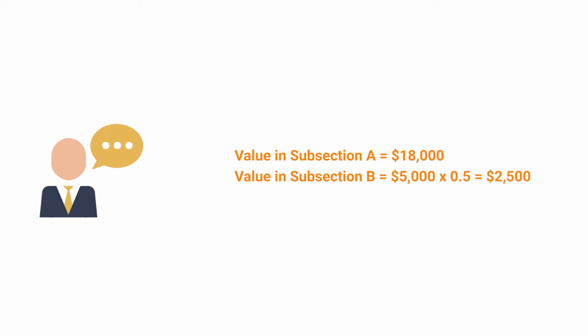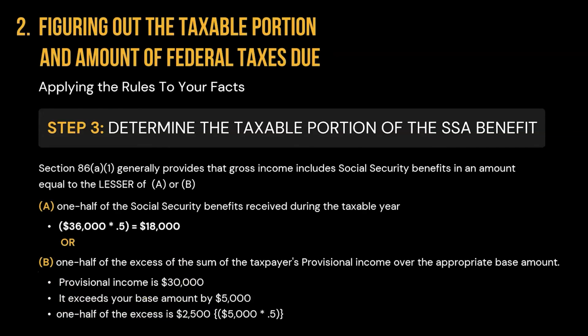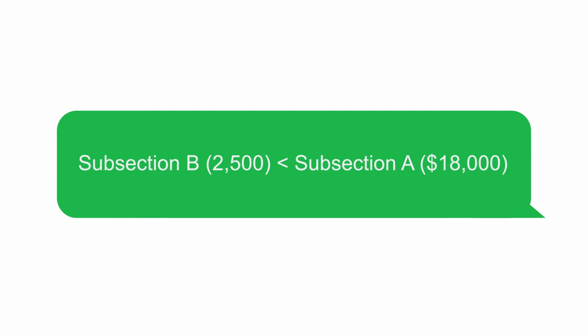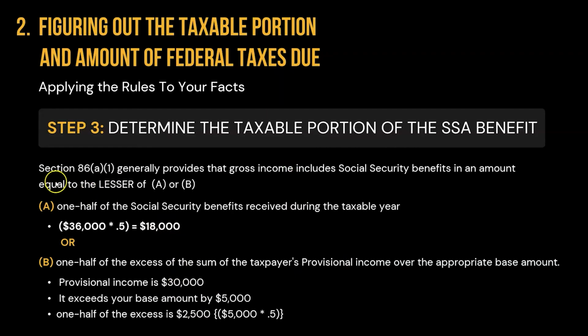So 2,500 here is the ultimate result or calculation you would get under subsection B. So when you compare 2,500 in subsection B versus 18,000 in subsection A, you realize that 2,500 is lower than 18,000. So here the rules tell us to pick the lesser of A or B. So the lesser of A or B is 2,500.